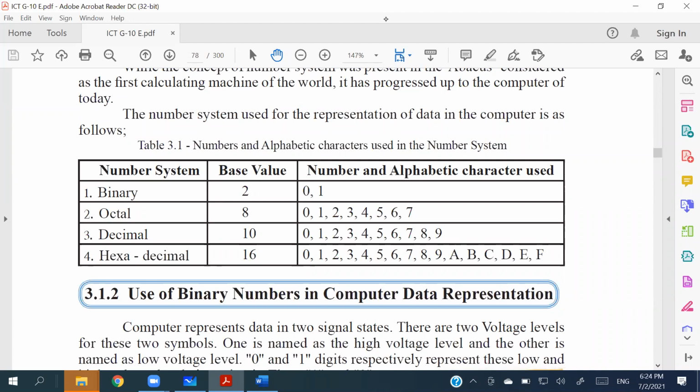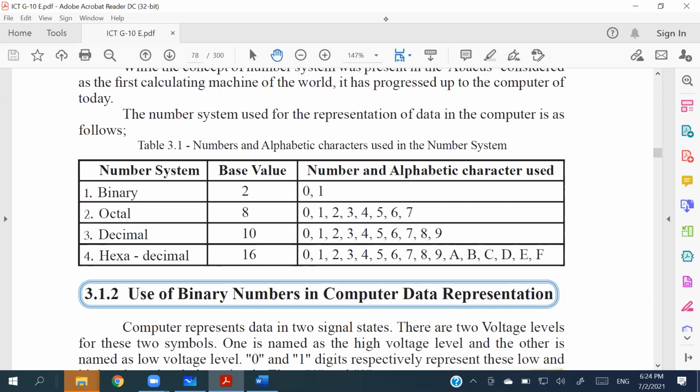Like 10, 20, 5 ice creams, 10 toffees. Today we are going to learn, apart from the decimal number system, three other number systems used for computing.